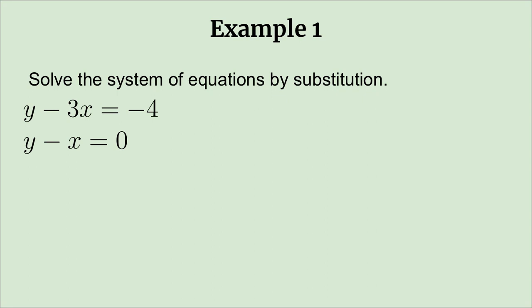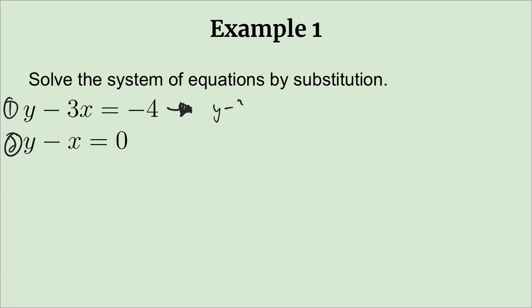In our first example, we see that in equation 1 there's no variable all by itself. In equation 2, the same thing. So we're going to need to do a little bit of algebra to solve for a variable. I'll do that for this first equation.